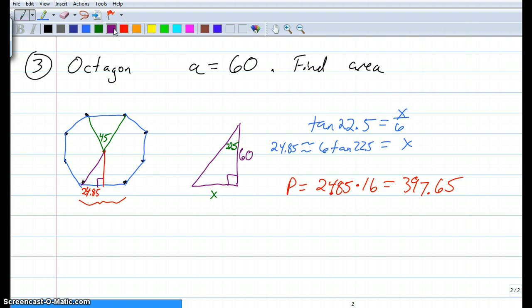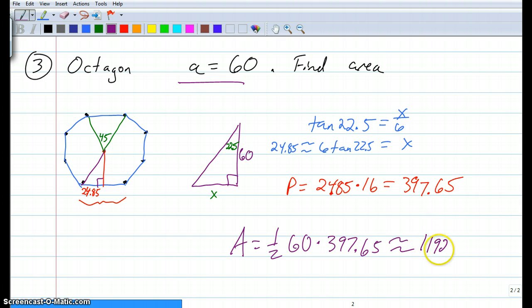So, guys, the trick to these problems, if you have the apothem, find the perimeter, or vice versa. You got to find the apothem, you got to find the perimeter. Area is 1/2 the apothem, 60, times 397.65, which is approximately 11,929.35 arbitrary units squared.